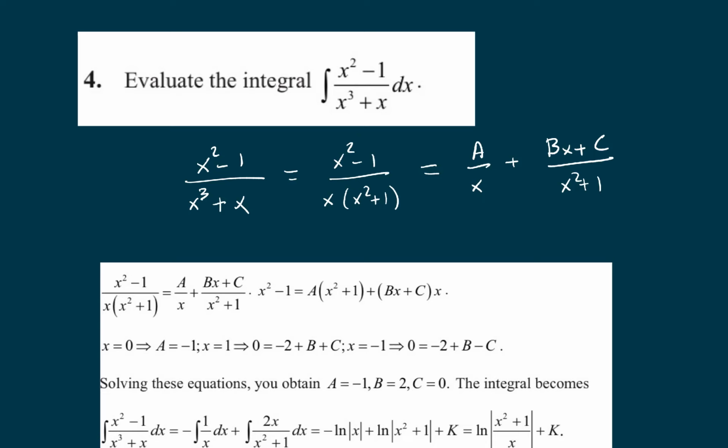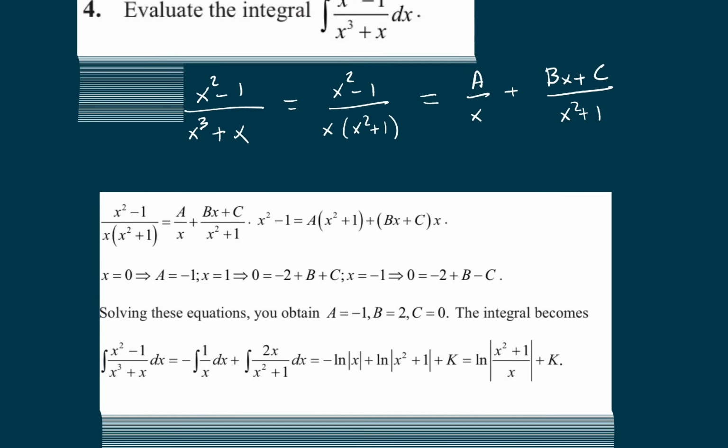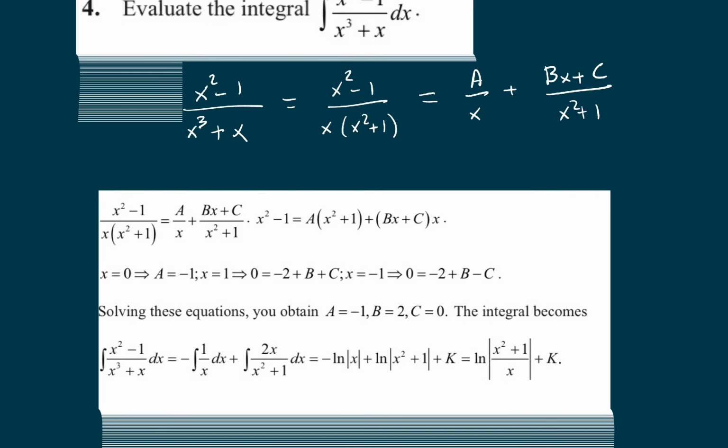Now the solution is here. We find the same common denominator, and you solve it. Let me show you, this is the solution. You calculate A, B, and C, and the problem is solved.